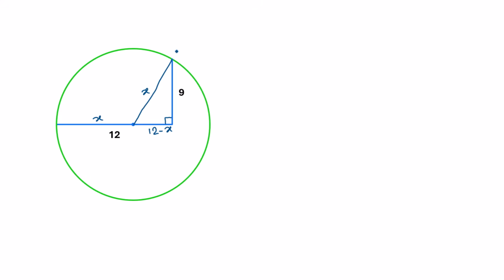So applying Pythagoras theorem in triangle ABC, we can write AB square is equal to BC square plus AC square.